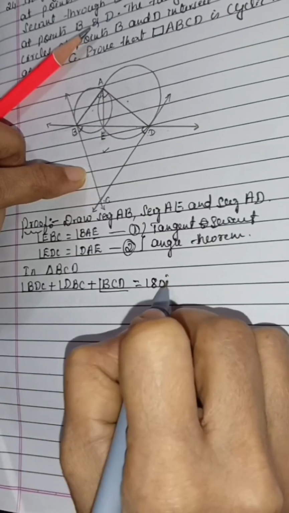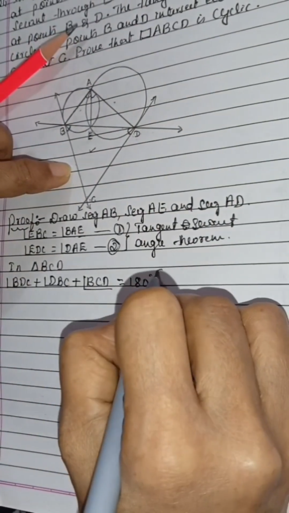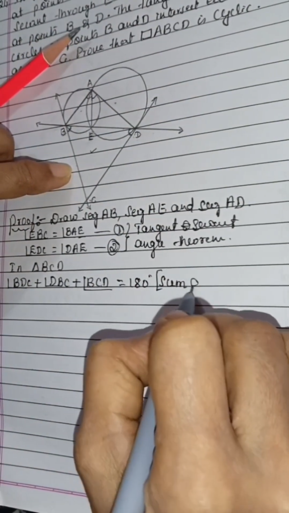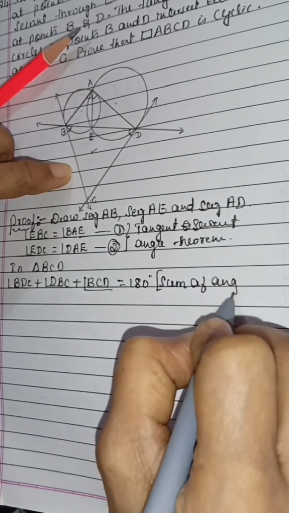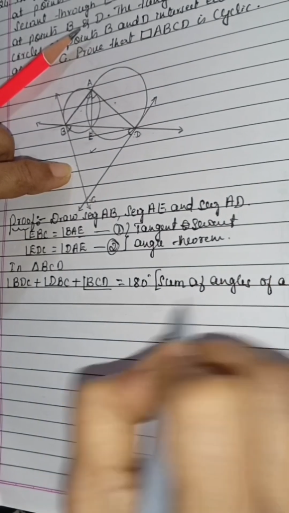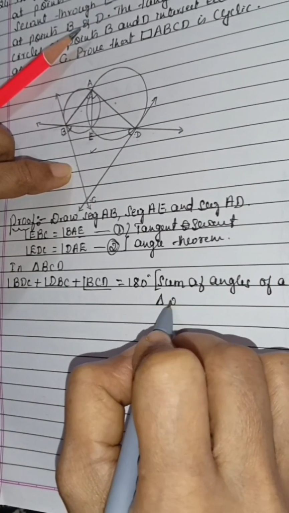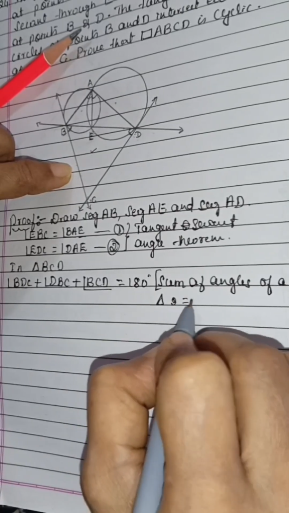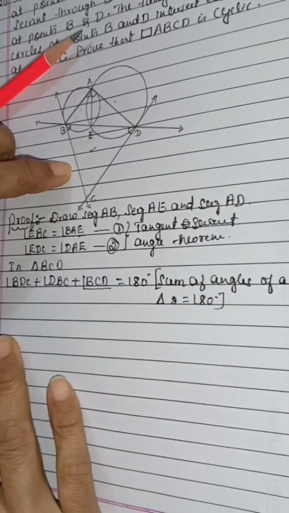This is because the sum of angles of a triangle is 180 degrees.